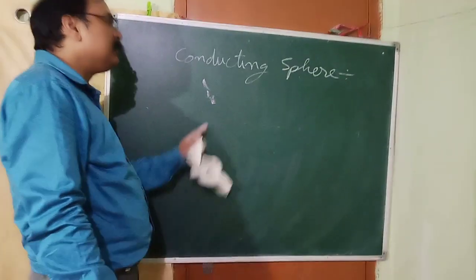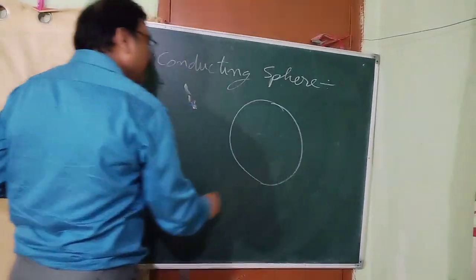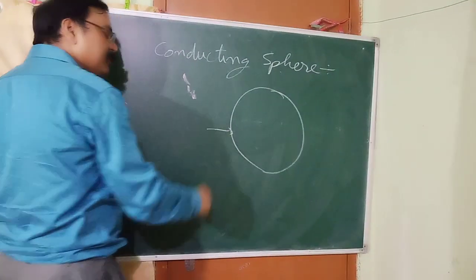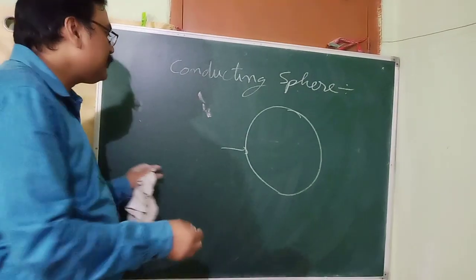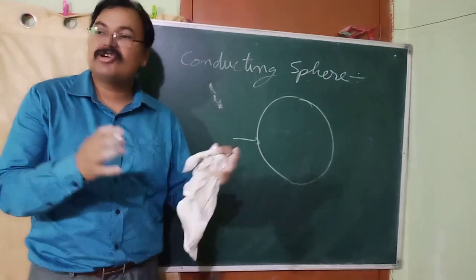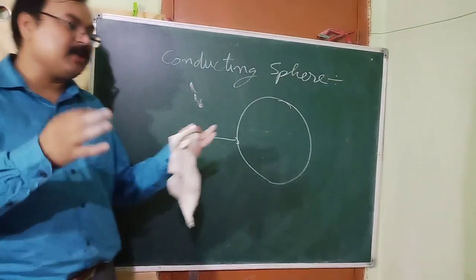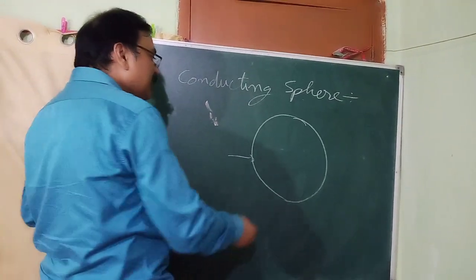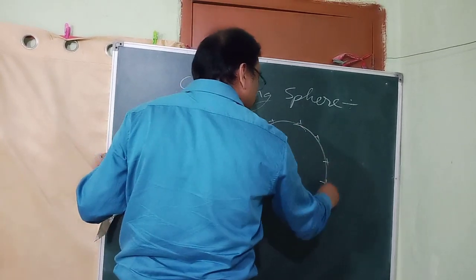See, for conducting spheres, whatever charge you are going to give it, what will happen? Suppose you are giving positive charge. Similar charges repel each other, so they will try to maintain the maximum distance. Due to repulsion, they lie on the surface of the conducting sphere.